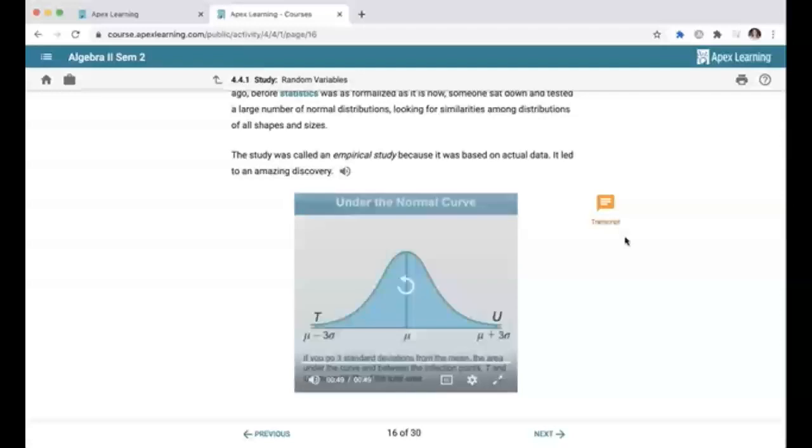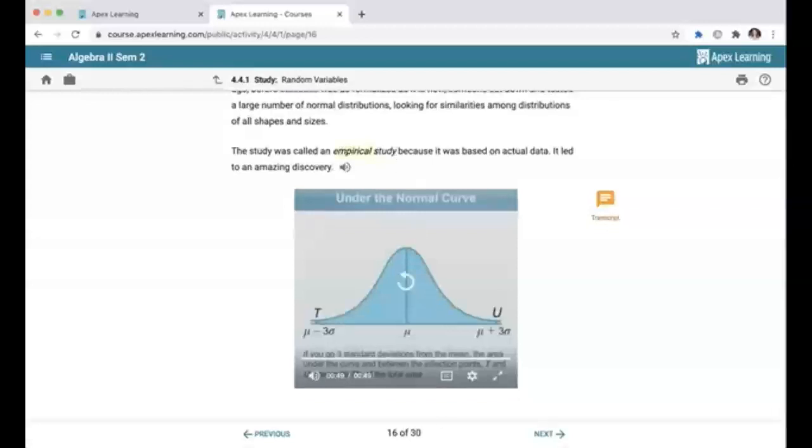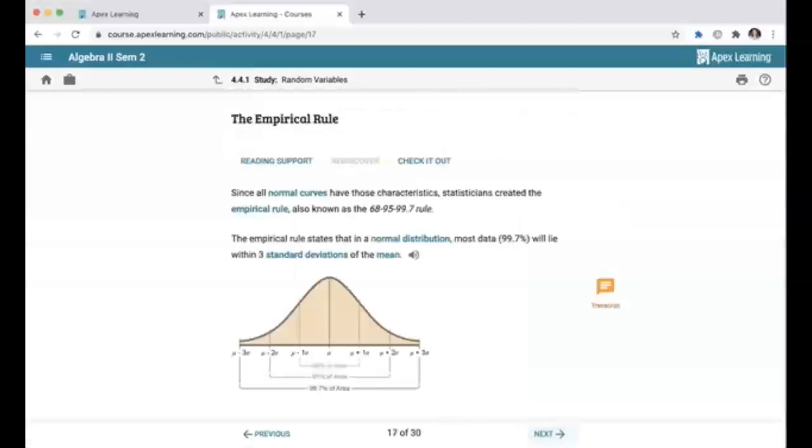This is going to be good because it allows us to put actual values and look at it empirically. All normal curves should have those characteristics. In order to check if a curve is normal, people use this rule.